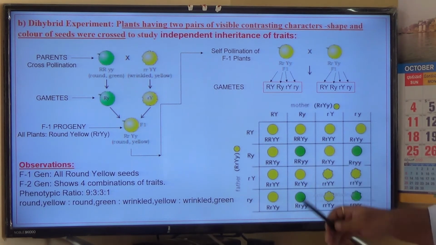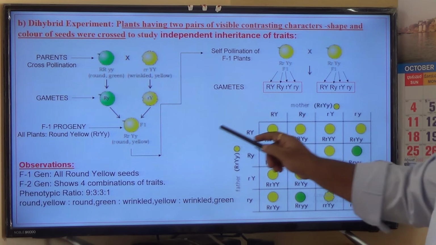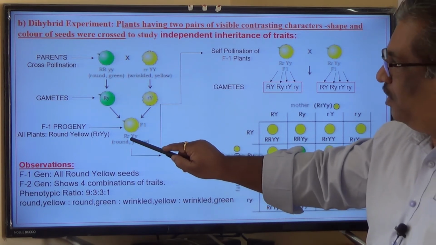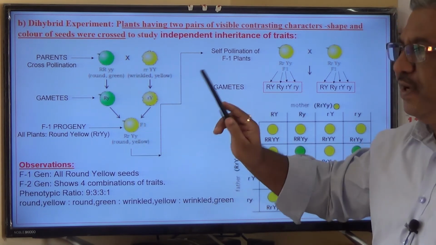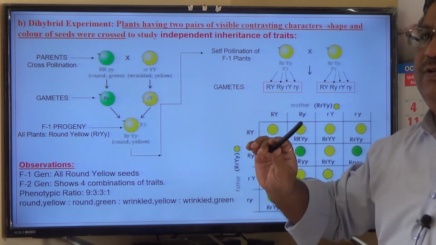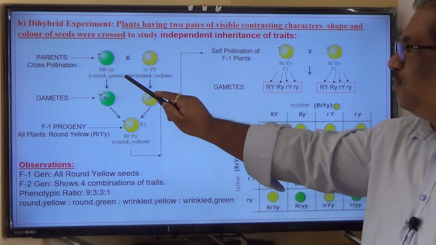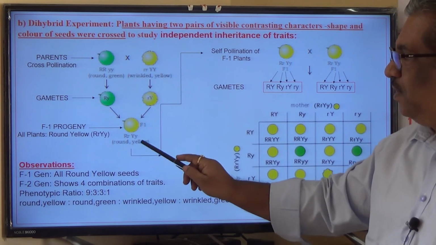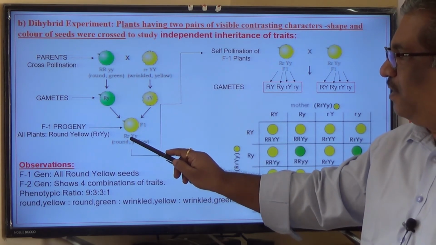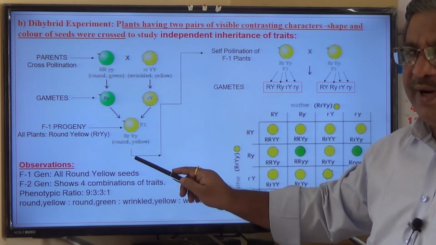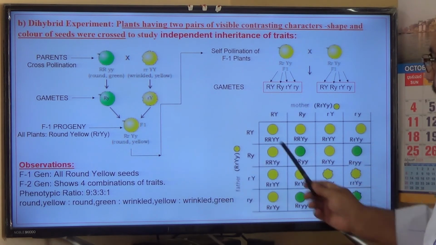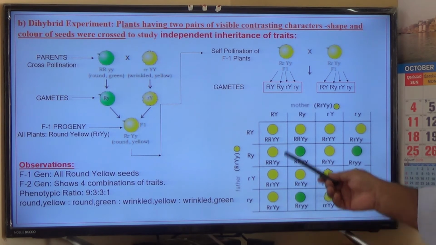So meaning is that in F1 progeny, the small r, small y were recessive, or those got suppressed. Small r refers to wrinkled and small y refers to green. So green color and wrinkled shape were suppressed in F1 progeny, but they got expressed independently in F2 progeny.